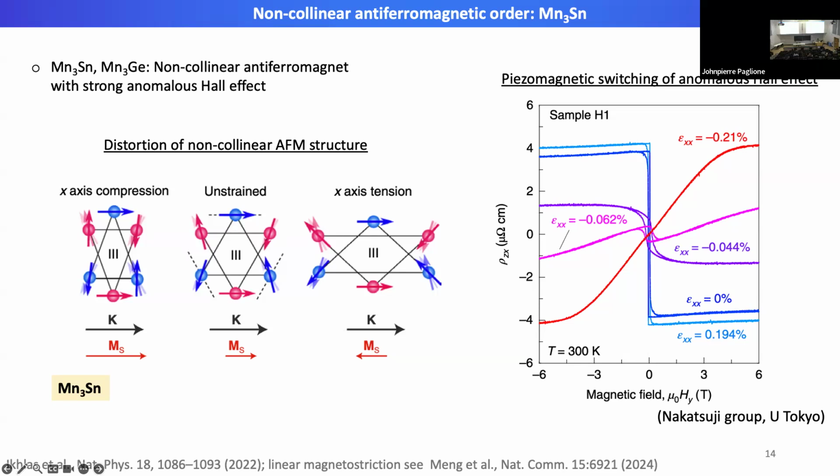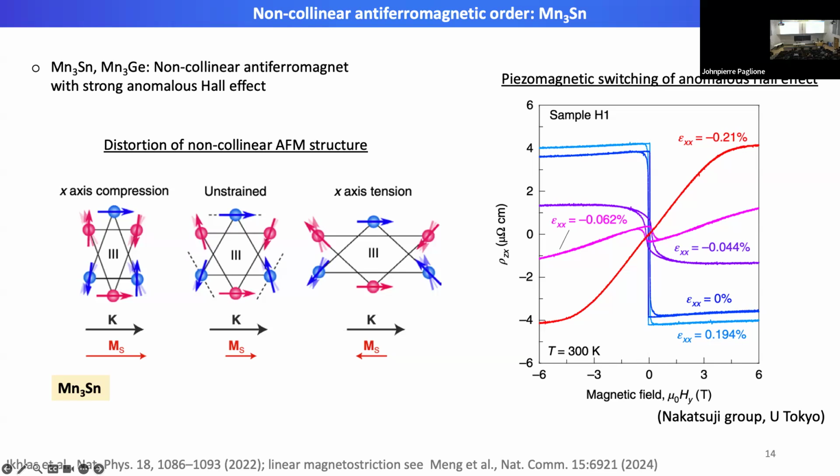And with this effect, this is what the Nakatsuji group was able to observe, where you see that as a function of the strain, you're able to reverse the sign of the anomalous Hall as a function of the external magnetic field, and this really comes from this part of the piezomagnetic coupling.